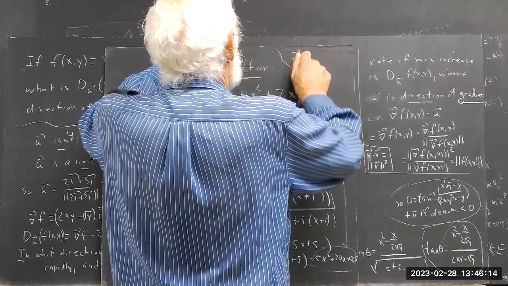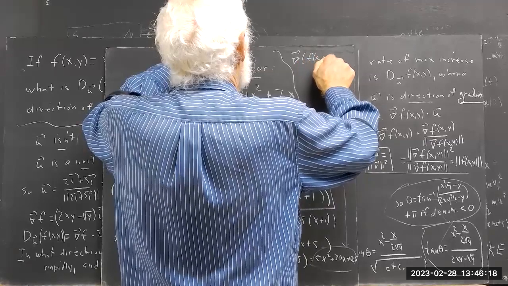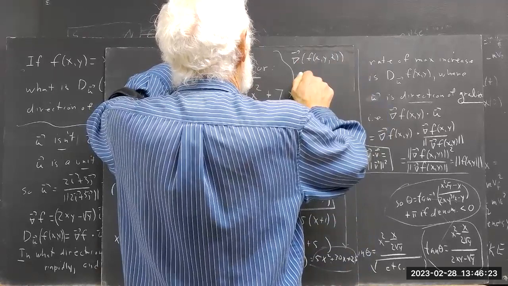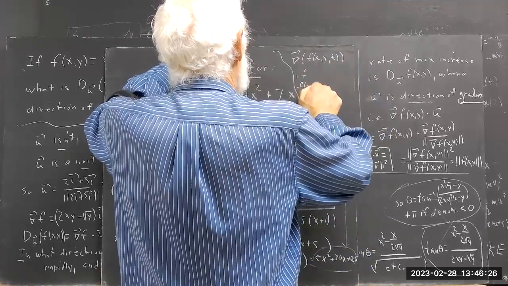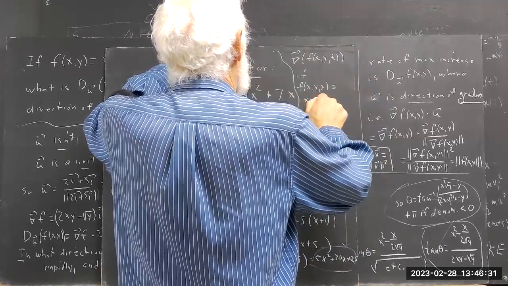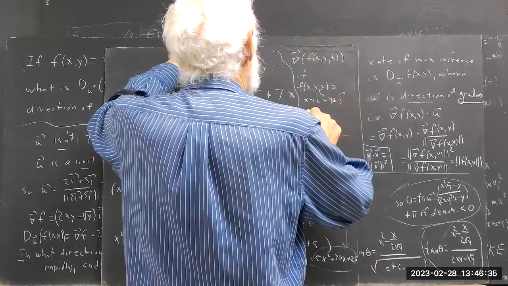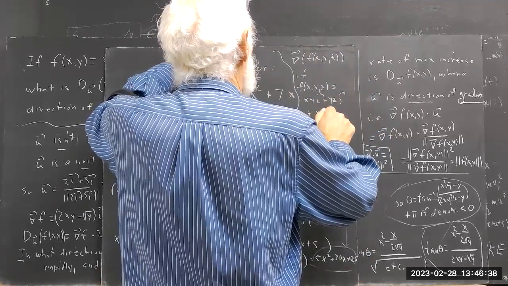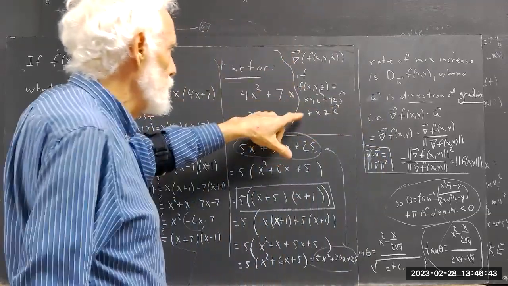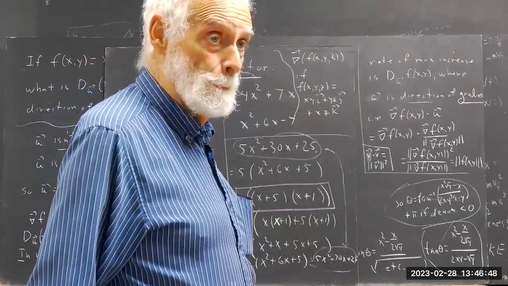The gradient of f of x, y, z equals xy i plus yz j plus xz k.